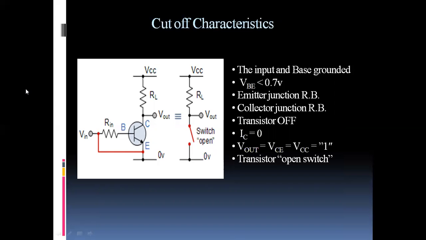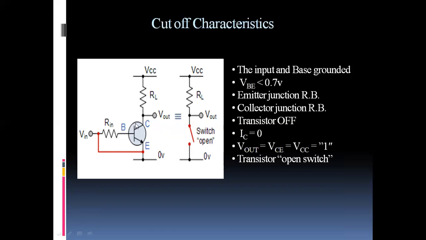That means both the emitter junction and the collector junction are operating in the reverse bias condition, and we maintain VBE less than 0.7 volts. So what is the 0.7 volt? It is the minimum voltage required for a transistor to switch on.